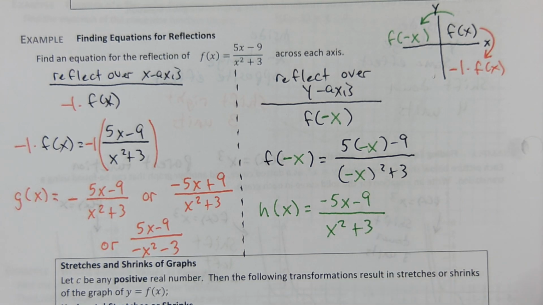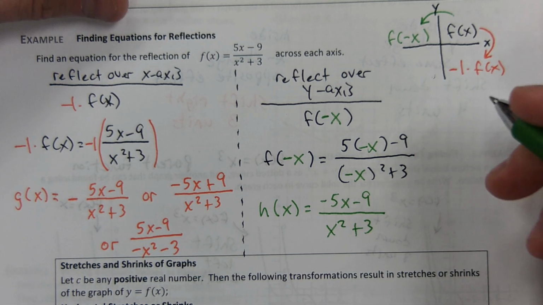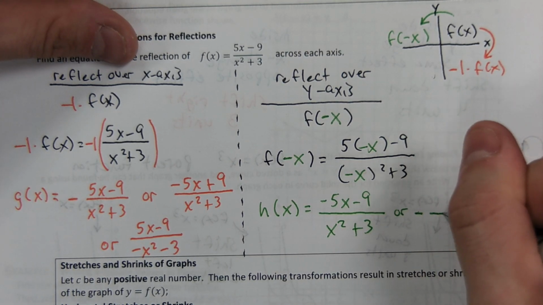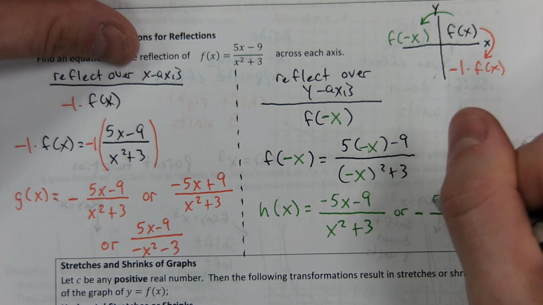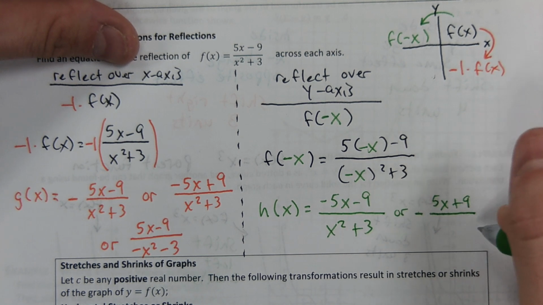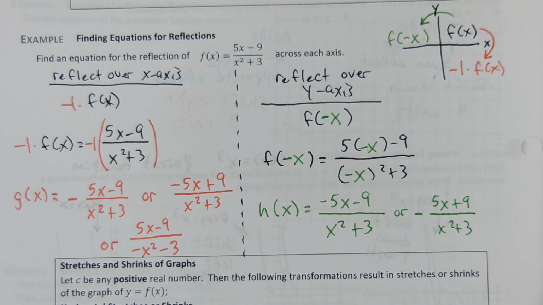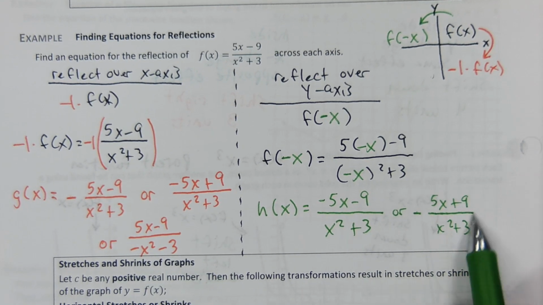You don't need to, but I do want to make sure that you are comfortable with the fact that that is this. If you undistribute the negative sign, these are the same answer.